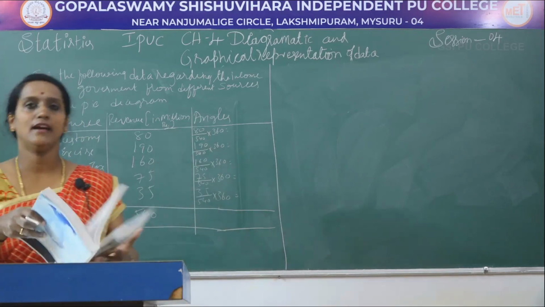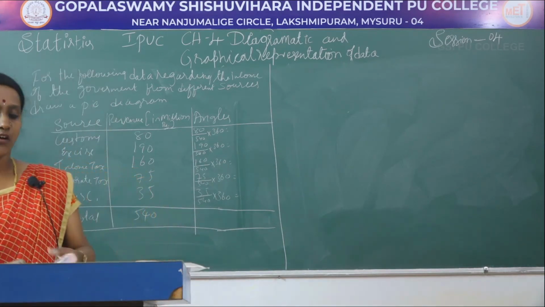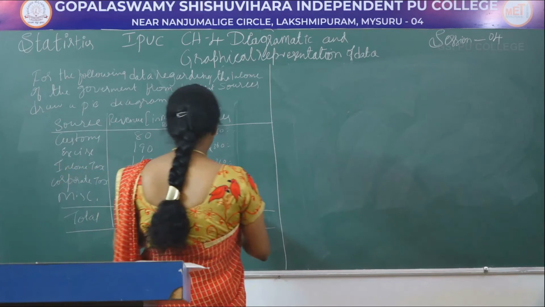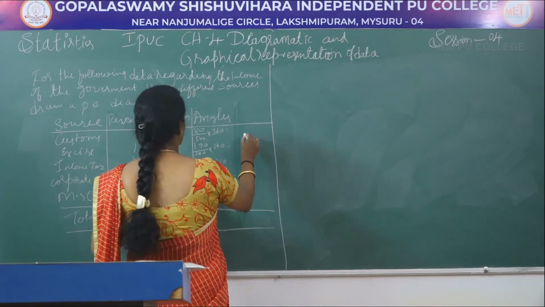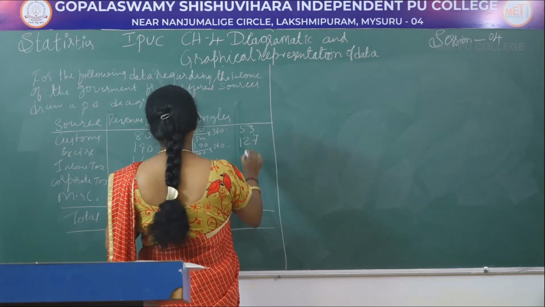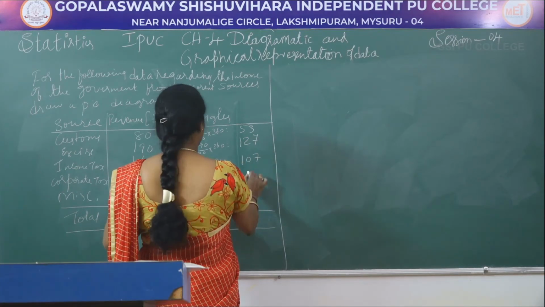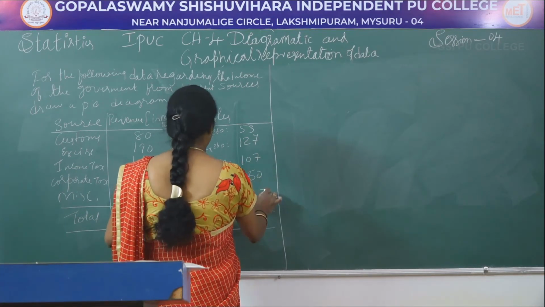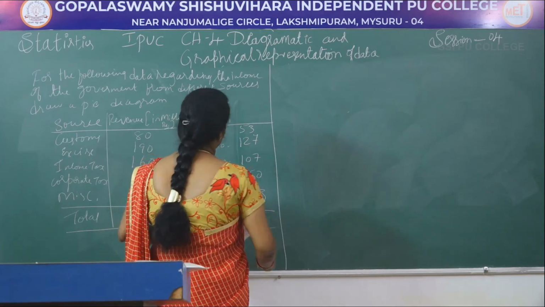Now you have to write the angles: 53, 127, 107, 50, 23. Total will be 360.